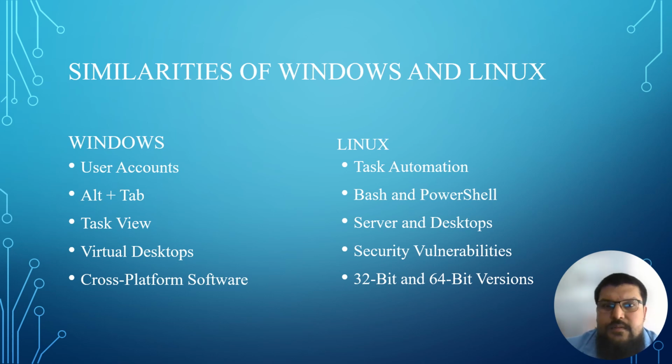With that being said, security vulnerabilities, with Windows, they have been very vulnerable when it comes to breaches or attacks, or however you want to categorize it. Linux, even though it's an open source OS, is kind of sort of still a little bit more secure than Windows. And the last thing, they both have 32 and 64-bit versions.